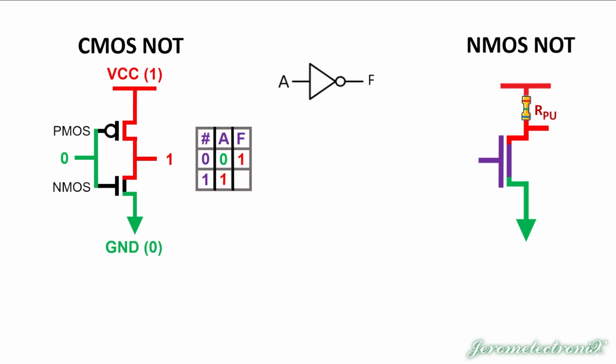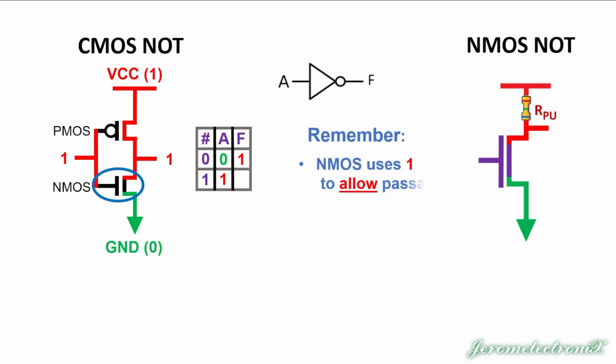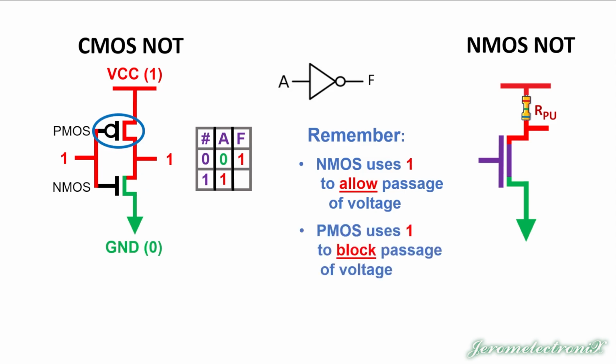But if we switch the input to a 1 and allow that to flow, what does that do? Well, NMOS uses a 1 to allow passage of voltage, while PMOS uses a 1 to block passage of the voltage. So one of these gates will open and one will not, so power will never meet ground.